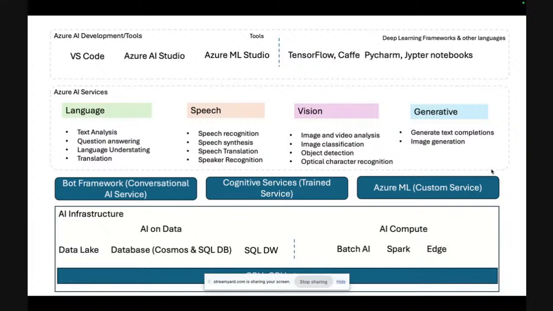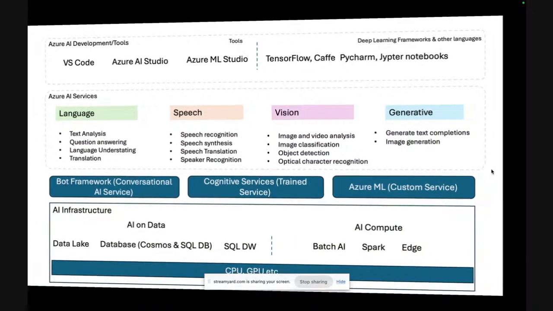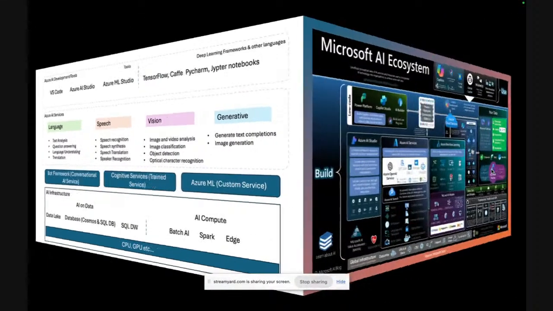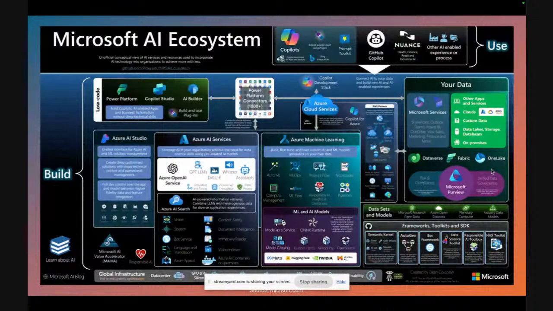Now along with this, in terms of the overall Microsoft AI ecosystem, the source of this image is from Microsoft, courtesy of the Microsoft event. So this image basically highlights the area of the previous slide which I talked about, that was more about the area which we can focus on and develop our solution.